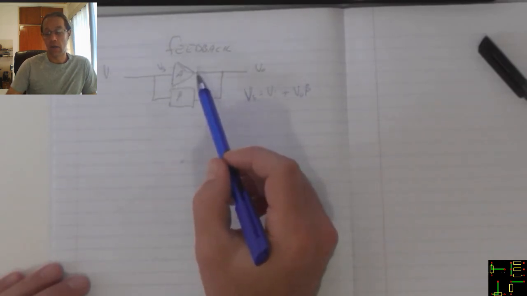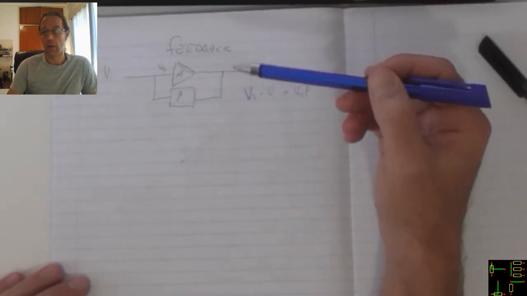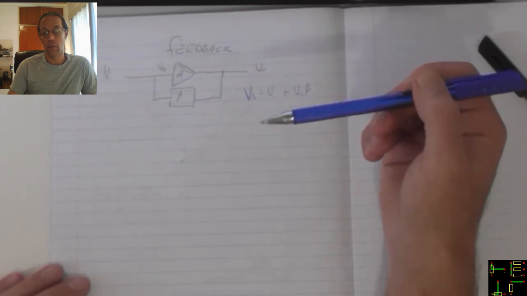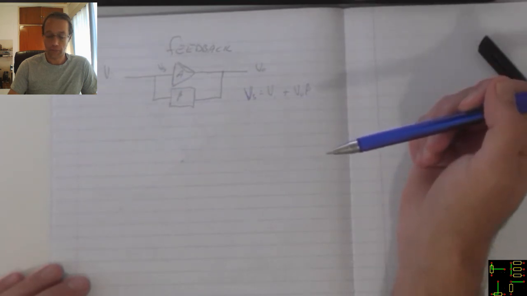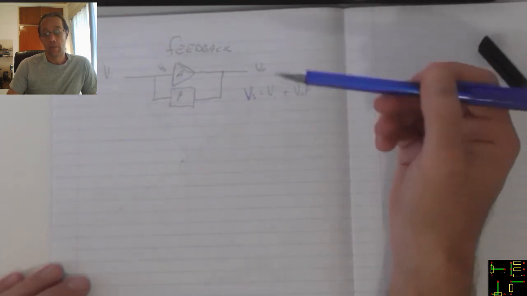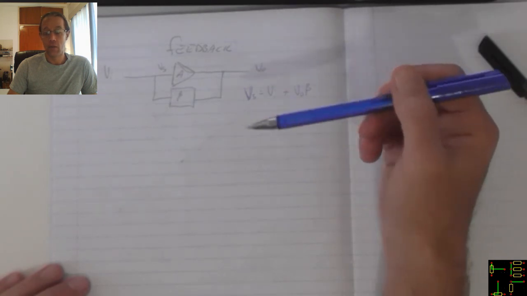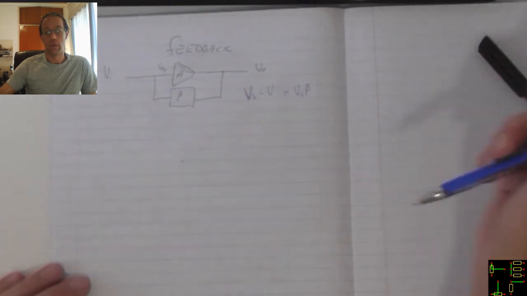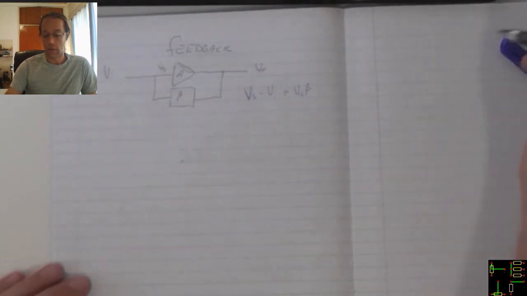The problem with positive feedback is our amplifier reaches saturation very quickly, and because it reaches saturation we get output distortion very easily. Positive feedback is ideally used to serve in oscillator circuits to convert DC signals into AC signals.